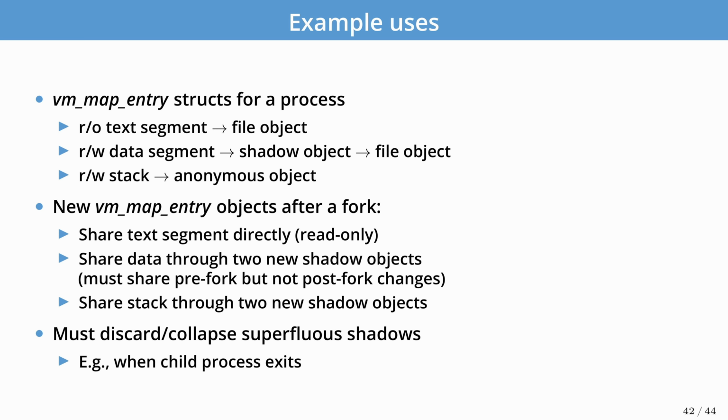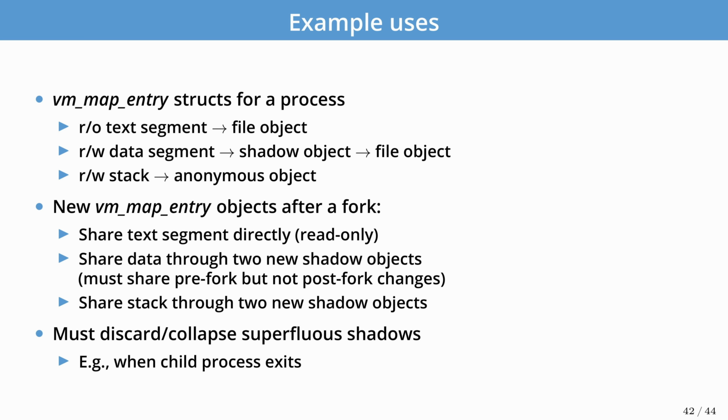So as I mentioned, there are a few ways that each entry can be used. A given vMap entry represents a given segment of memory or region of memory or mmapped segment in a process. You might have a read-only text segment that's backed by a single file object. So when you load a program for the first time in most OSs, we don't actually read all of the program's data in.